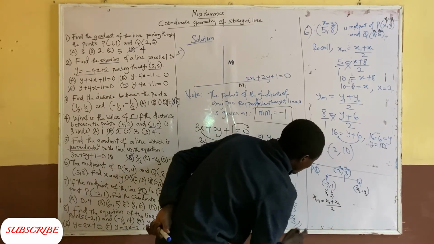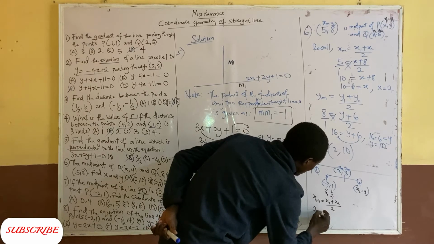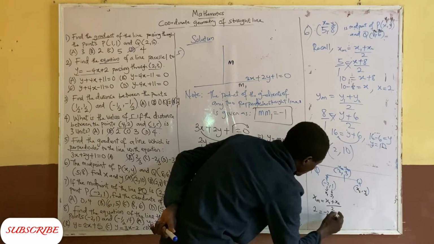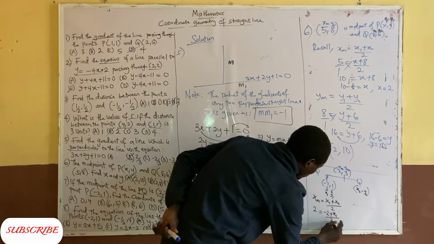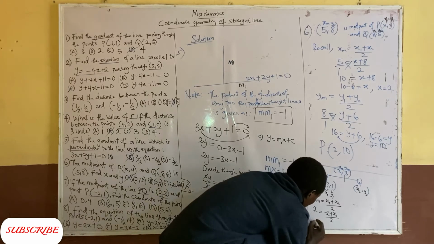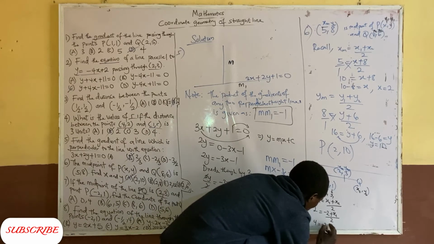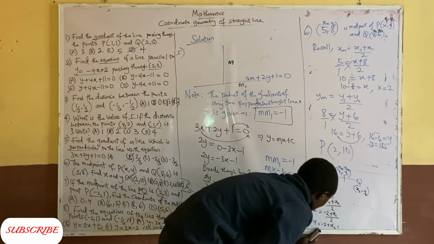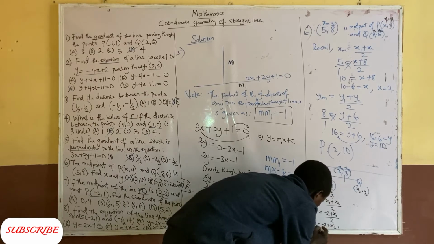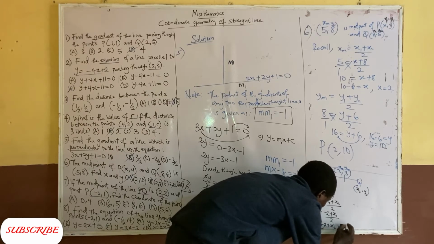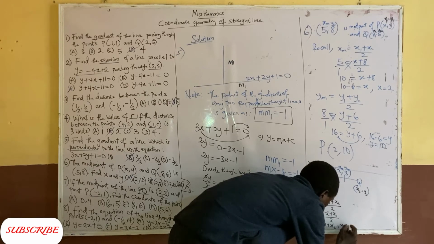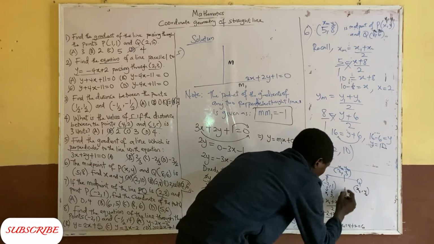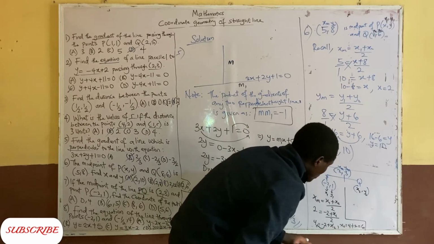Your XM is 2 equal to minus 2 plus X2 over 2. So that is 4 equal to minus 2 plus X2. When you transfer this minus 2 to the other side, X2 equal to 4 plus 2, which is equal to 6. This is 6 for the x.